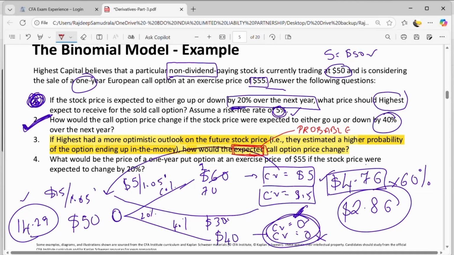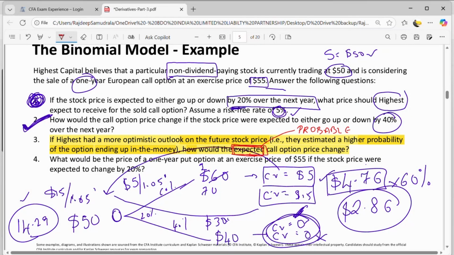So in real life, when I tell you to give me the expected value of anything, you will go and hit probability. Clear? Okay, learn this concept well. Expected is nothing but a culmination of probabilities.